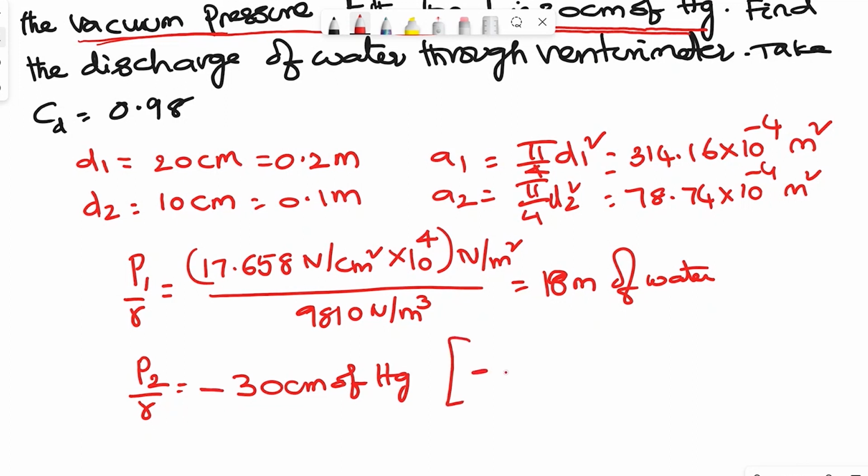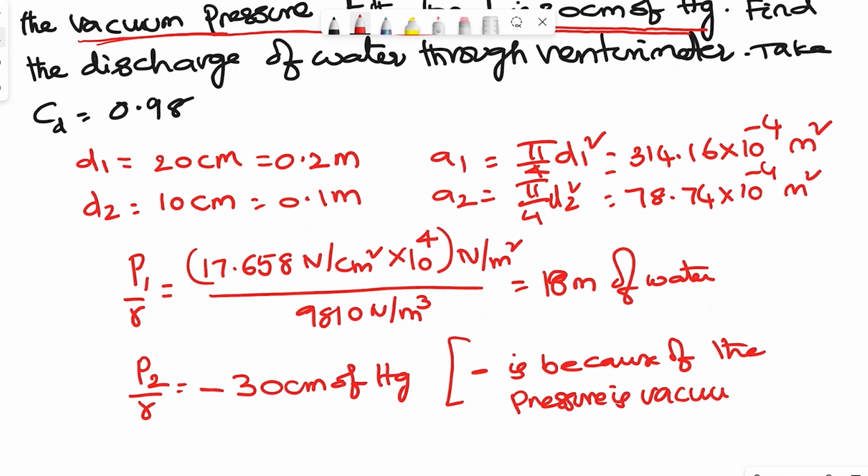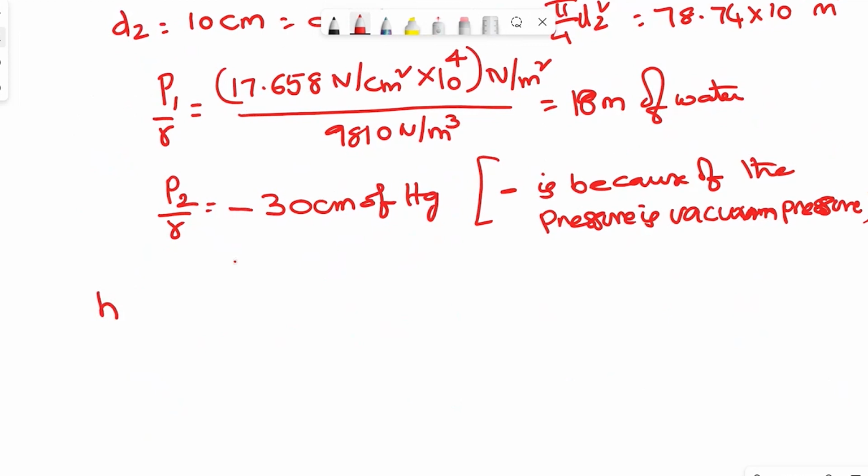So this minus is because the pressure is vacuum pressure. This is the first thing. Then 30 centimeters of Hg means, basically, minus 0.30 meters of Hg.